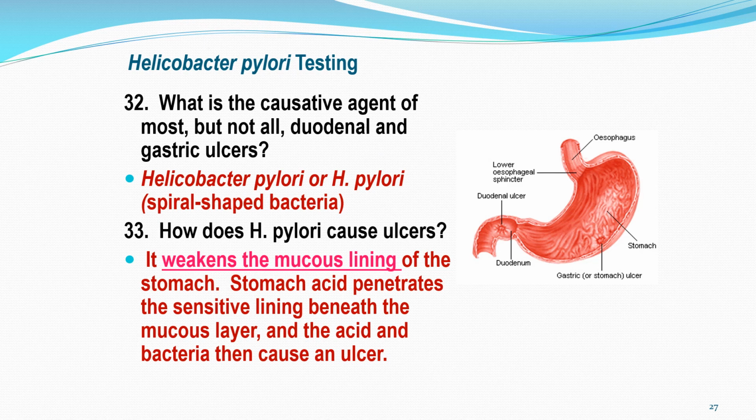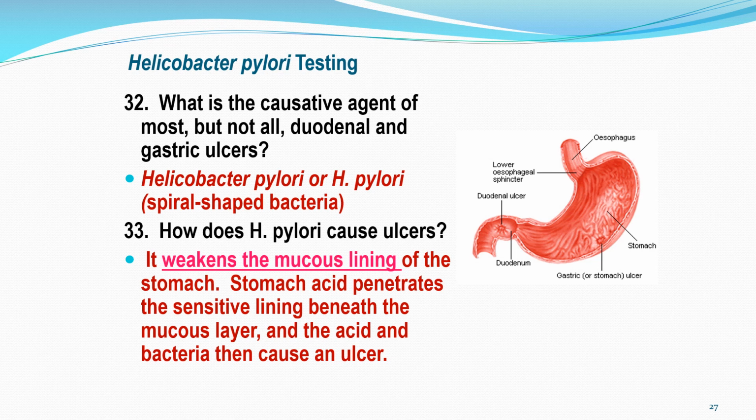So let's talk about Helicobacter pylori, okay? Helicobacter pylori is the causative agent of most, but not all, duodenal and gastric ulcers. Helicobacter pylori, or H. pylori, is a spiral-shaped bacteria. So how does it cause ulcers?